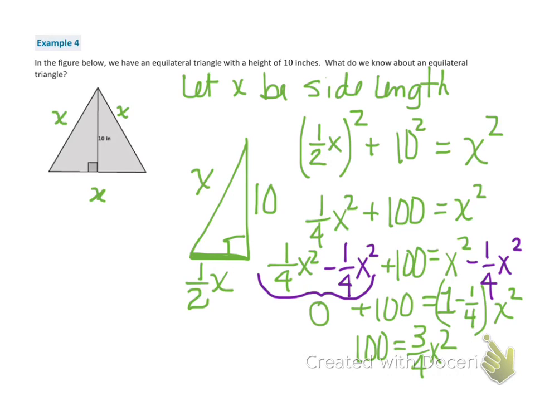Okay, so if this step is giving you trouble right here, this step x squared minus 1/4 x squared, just think of x squared as a variable, be just plain old x or just plain old y or whatever.